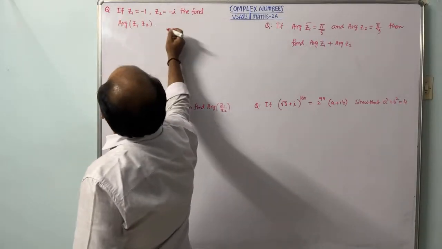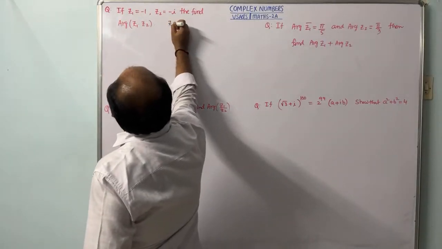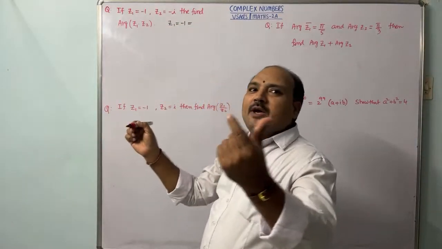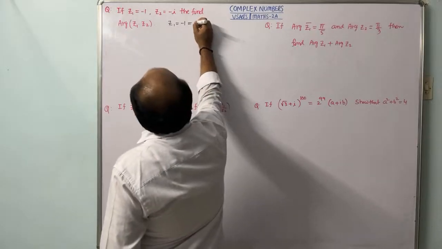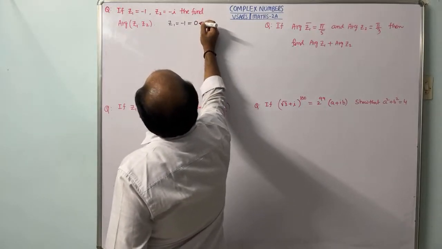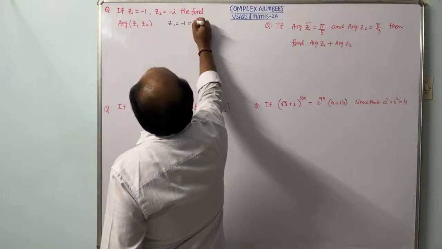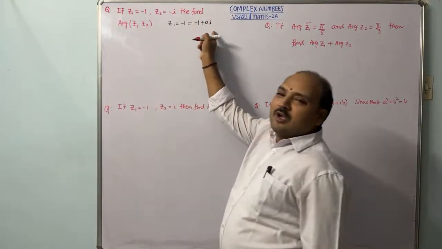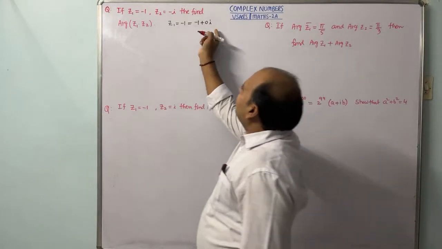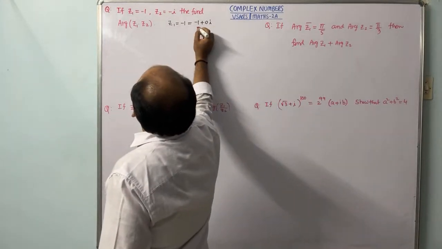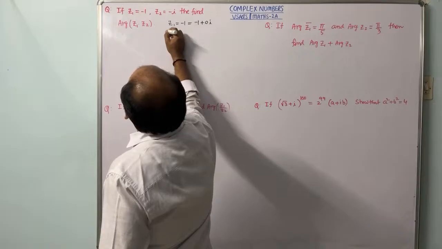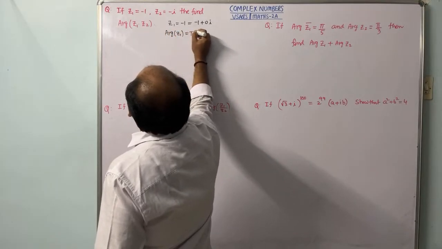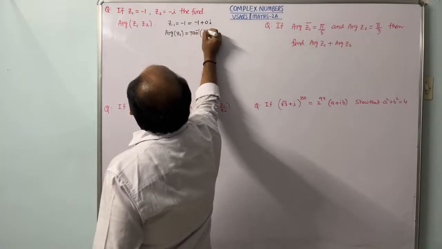If z1 equal to minus 1, we can write it as real and imaginary part: minus 1 plus 0 into i, x plus iy form only, no? So argument of z1 is equal to tan inverse of y by x.